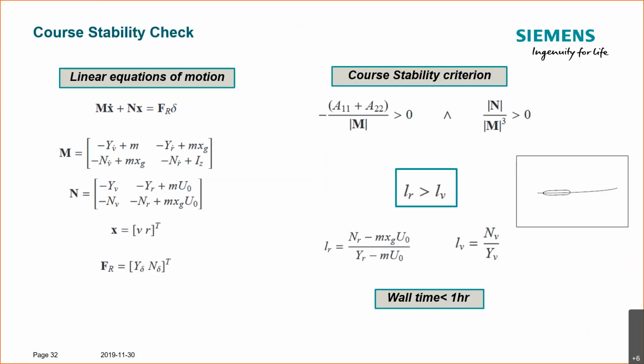And that I can achieve in less than an hour with the aforementioned resources. So in less than an hour, with the very sophisticated flow model that the RANS equations represent, I can check course stability for one hull shape. So overnight, I can maybe run 8 of these.